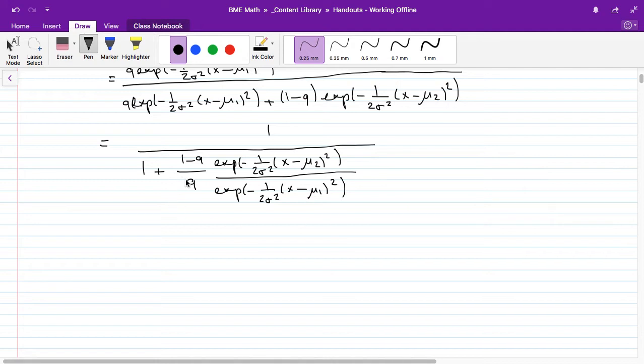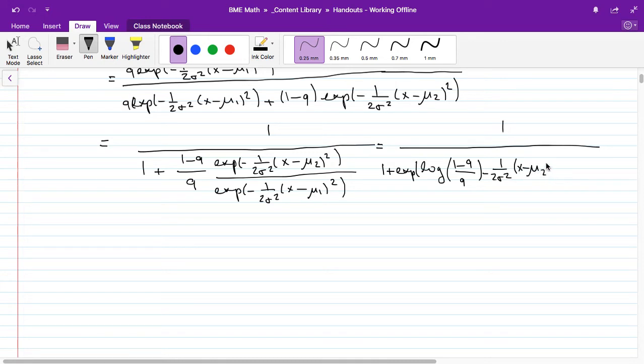Okay, so let's take these q's inside the exponential and see if we can fit it here. So I get a 1 plus an exponential of log of 1 minus q divided by q, minus 1 over 2 sigma squared times x minus mu 2 squared, plus 1 over 2 sigma squared times x minus mu 1 squared.